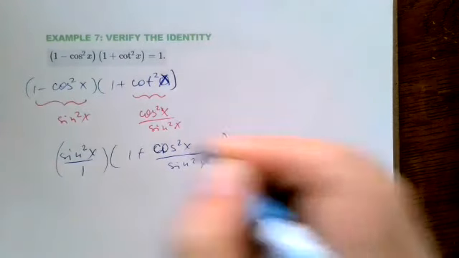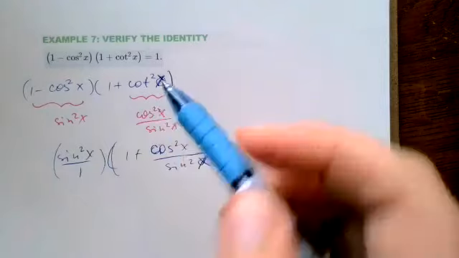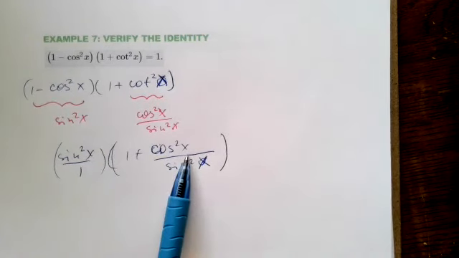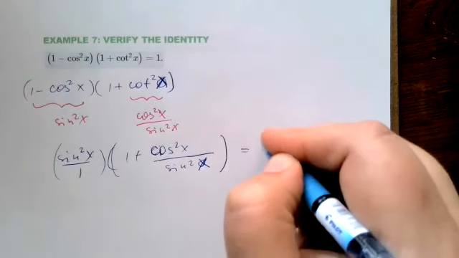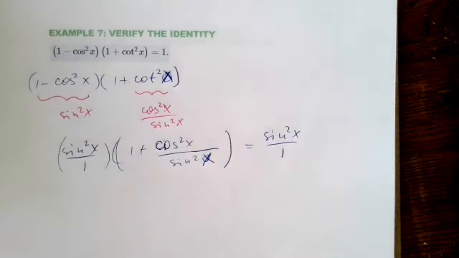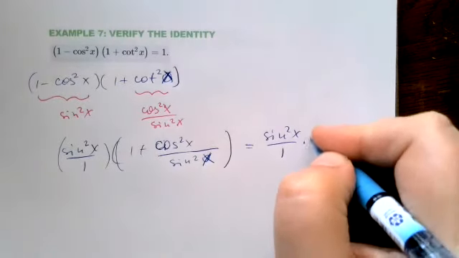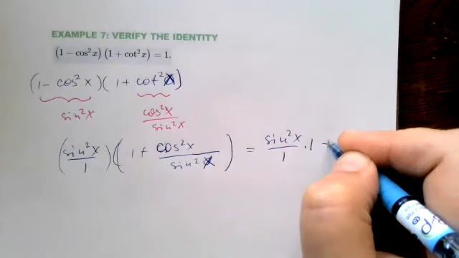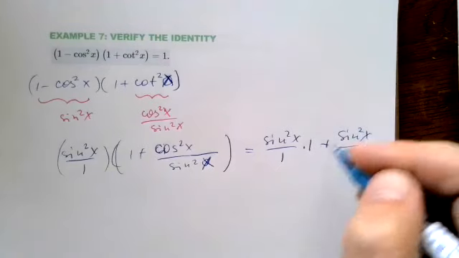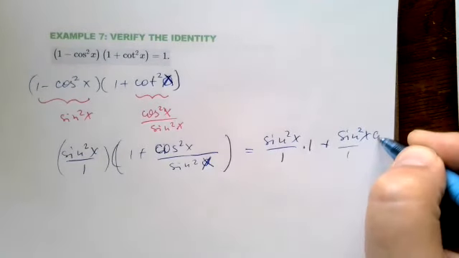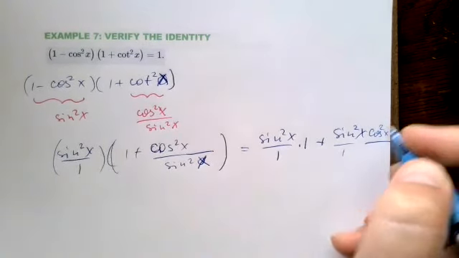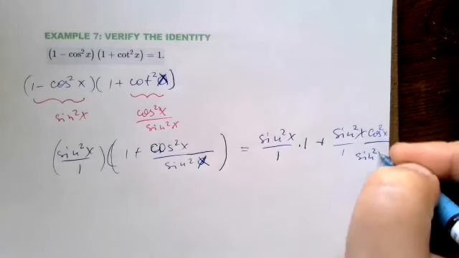All right, what else can I do? Well, I can factor this sine square x inside this parenthesis. So I'm going to have sine square x over 1 multiplied by this 1, and then I also have plus sine square x over 1 multiplied by cosine square x over sine square x.